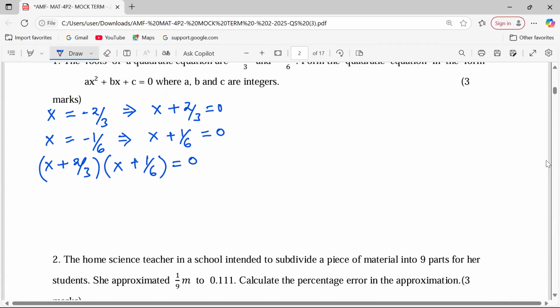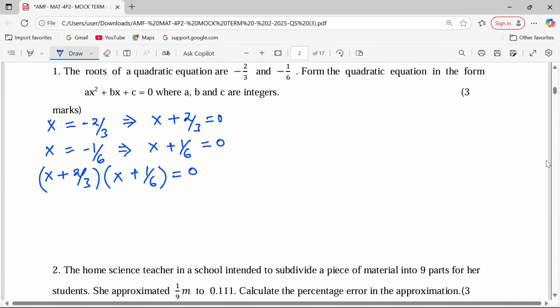This was a simplification, so we can now expand. The equation had been factorized to give us this. Now to get back to the equation, we have to expand. We start by x multiplying everything in the second bracket.